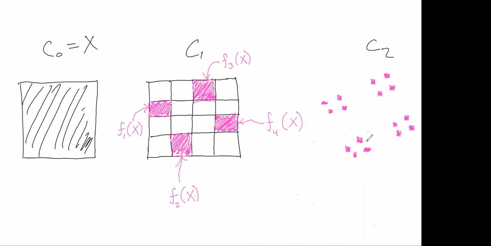And then if I continue this process, I'm going to get smaller and smaller sets. But it's going to be non-empty, right? Each of these sets is a compact set, and I have a nested sequence of compact sets. There's a theorem in topology or analysis that says that the intersection of all of those will be non-empty. Okay, so there will be something left.